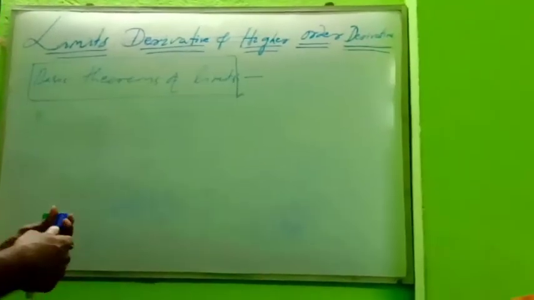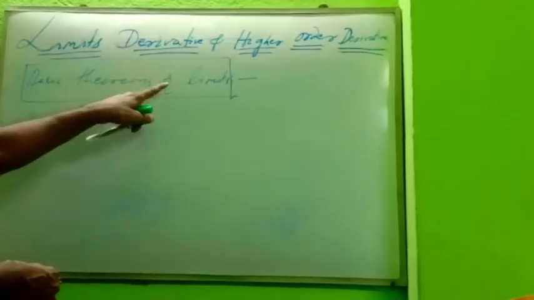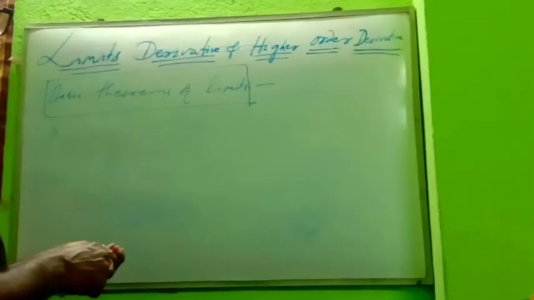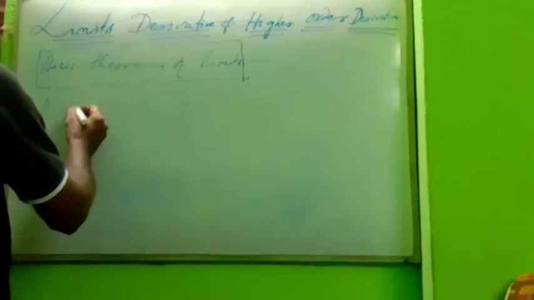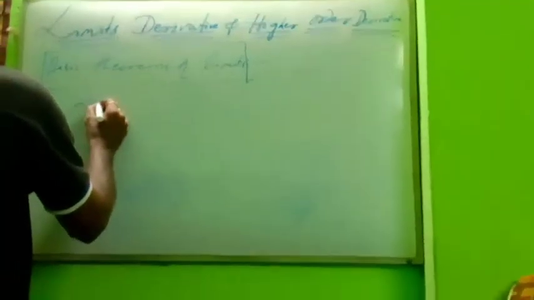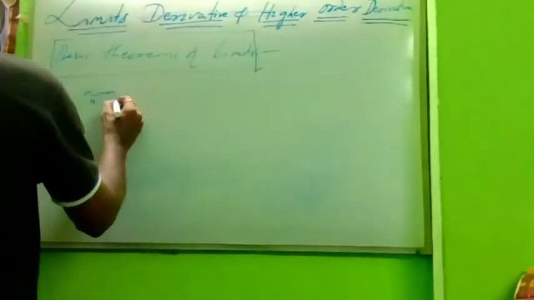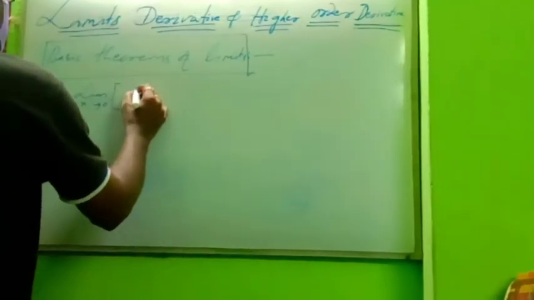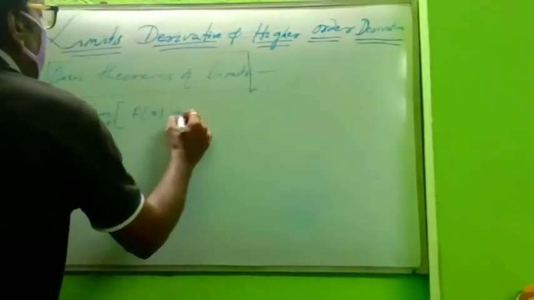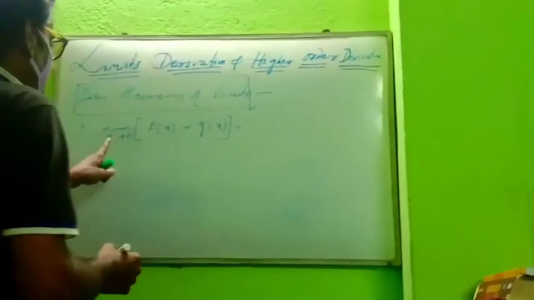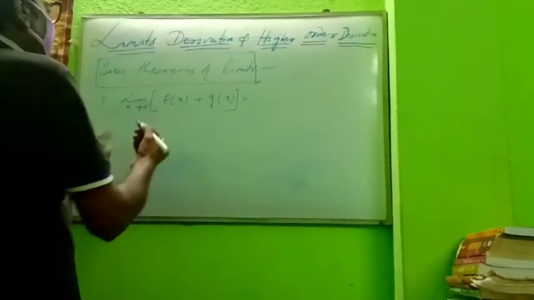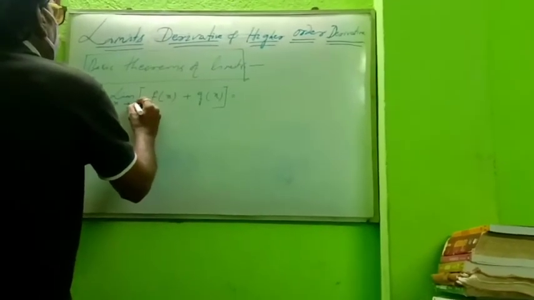Next I am going to the basic theorems of limits. See, what are the theorems present on limits? Number 1 I am writing here. Limit x tends to a. Suppose the sum of two functions is given. It may be 2, maybe 3, limit x tends to 0 or x tends to a, anything, you can write any number.